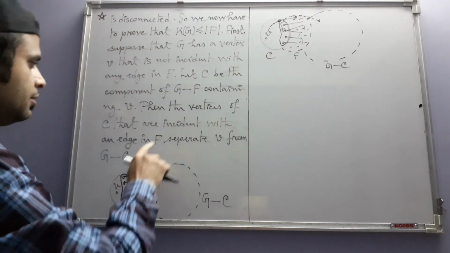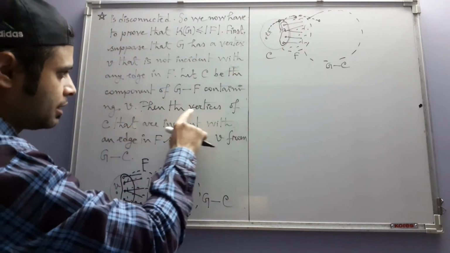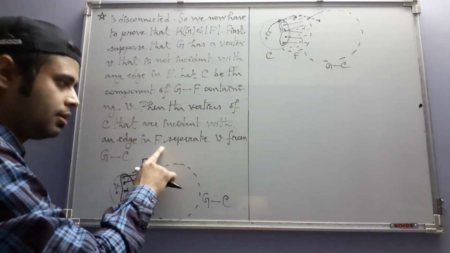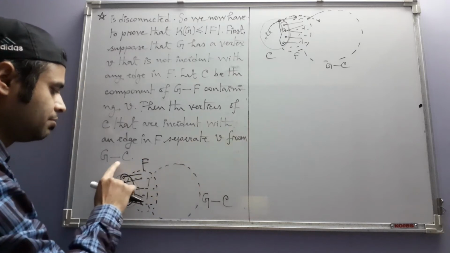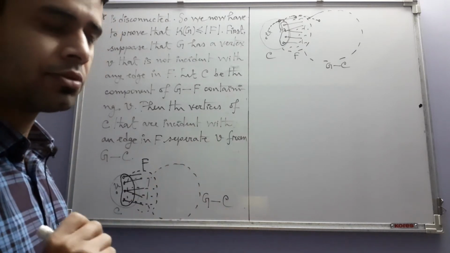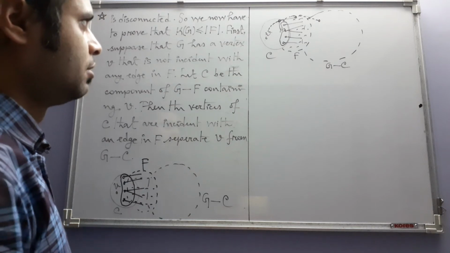And that is why it is justified to say that the vertices of C that are incident with an edge in F separate V from G minus C. That is, their removal separates V from G minus C. Okay.